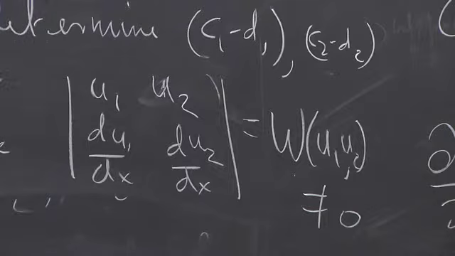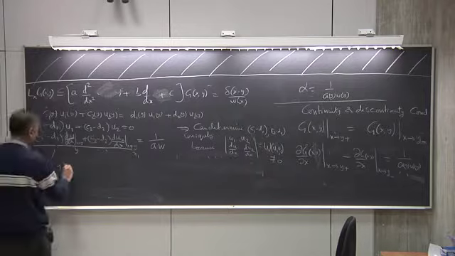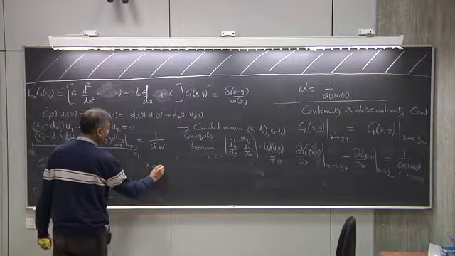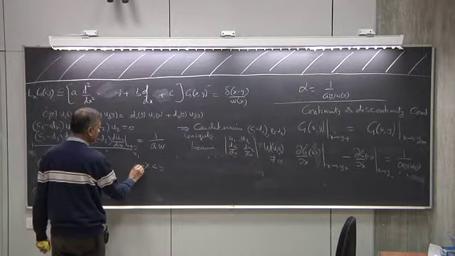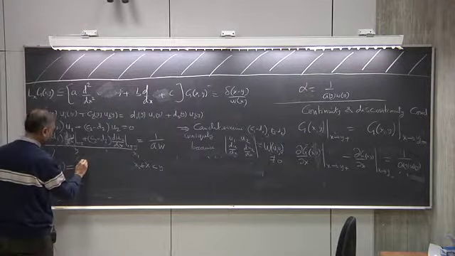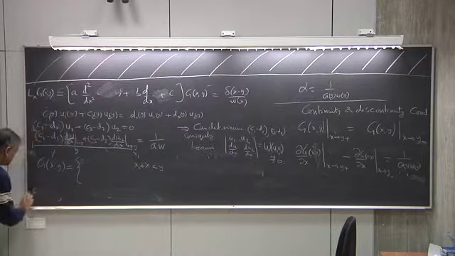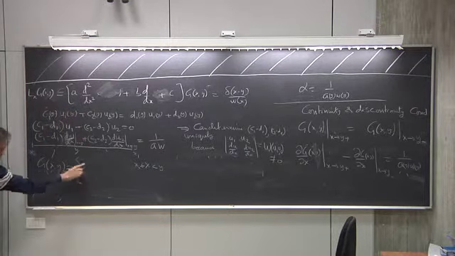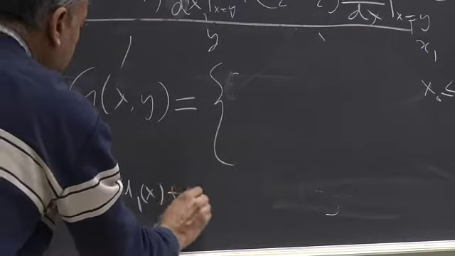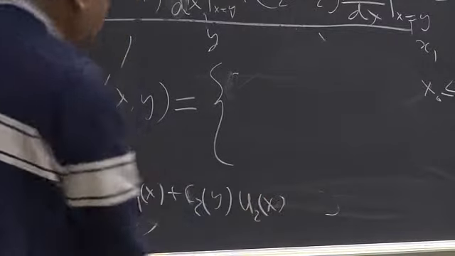So far we have concluded that the Green's function G of x,y can be written in the following way. G of x,y equals, when x is less than y and greater than or equal to a, in this region it was c1(y)u1(x) plus c2(y)u2(x), right?